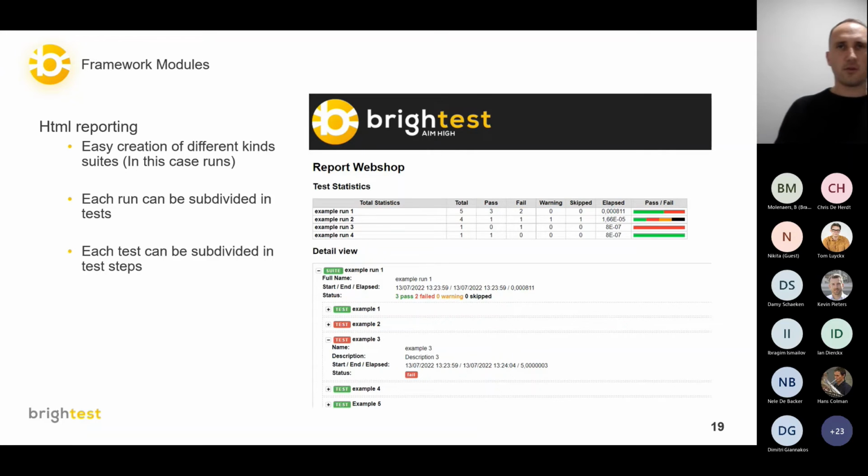All these things I say, I will also show them in the demo, by the way. It's very easy to create this HTML report. It's a nice interface where you can just say, okay, we have a new suite. In the suite, we have these tests. These tests have these test steps, and that's it. You give the results and nothing more to it, and you can get this fancy HTML document.